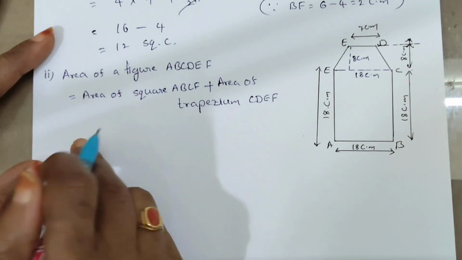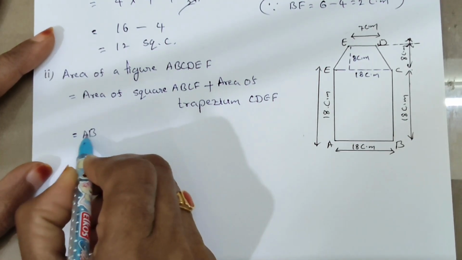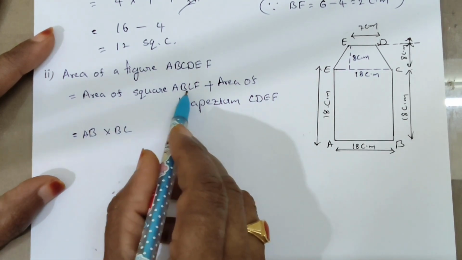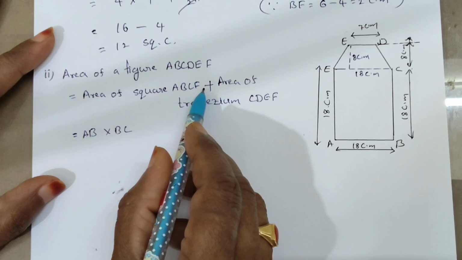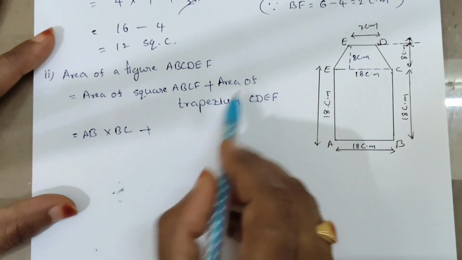So now here first we find the area of the square. Area of square ABCF is AB into BC, plus the area of a trapezium.